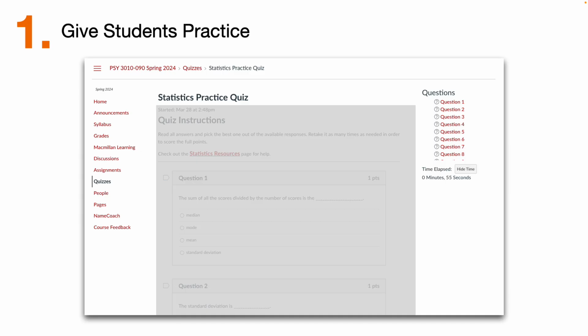One of my favorite activities are practice quizzes, preferably ones that students can take multiple times. The beauty with multiple attempts is that each time students take the quiz, they are deepening their learning. This is because of something referred to as the testing effect.